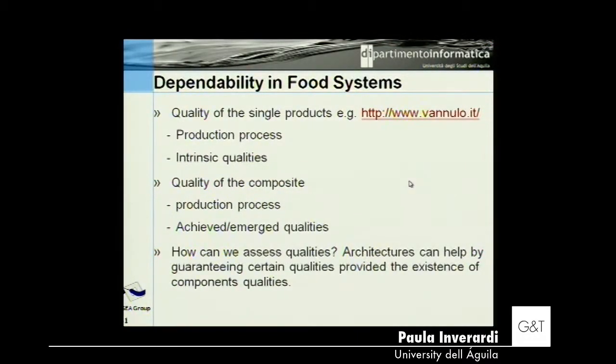And of course, there is the quality of the composite. And again, this has to do with the production process, but this time the production process is under your control because it's actually the cooking process. It's the way you are developing it. And it's important to discuss and to know about the achieved qualities that emerge from putting all these things together.